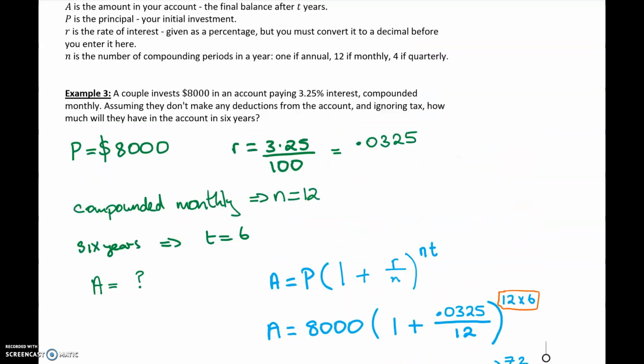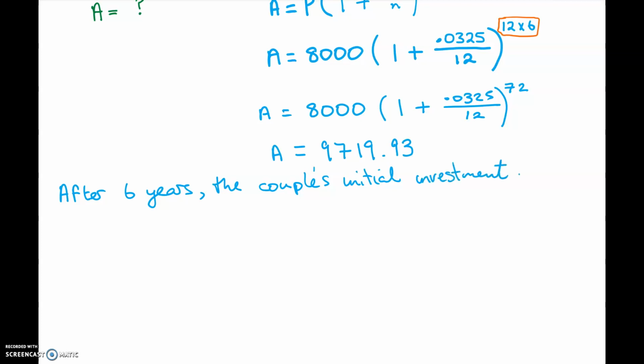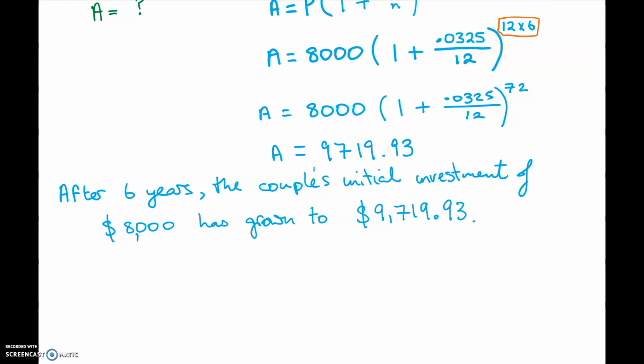So after 6 years, the couple's initial investment of $8,000 has grown to $9,719 and approximately 93 cents.